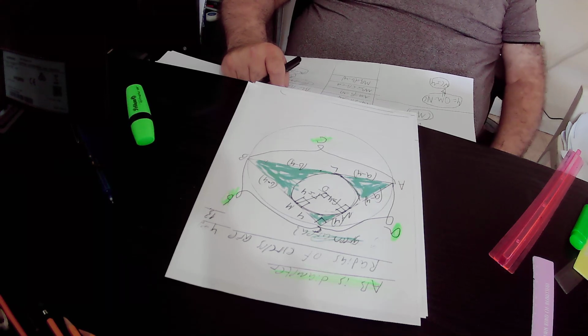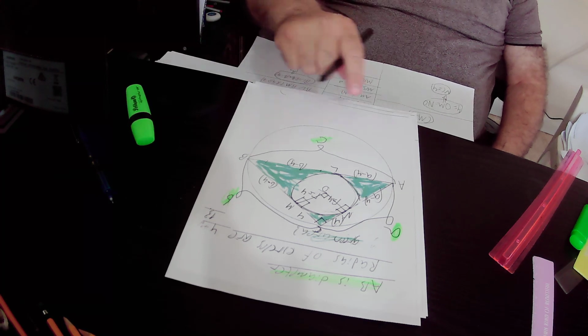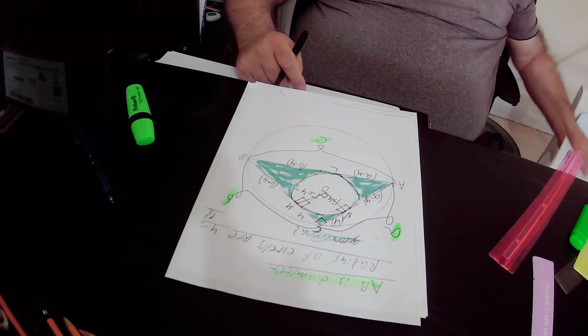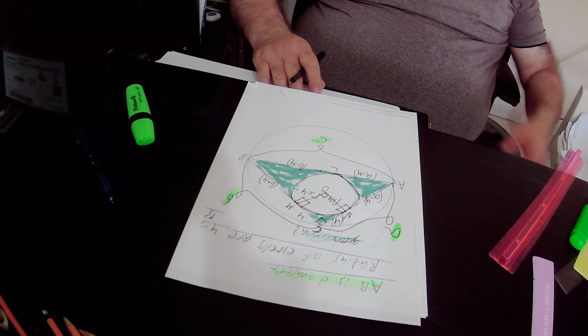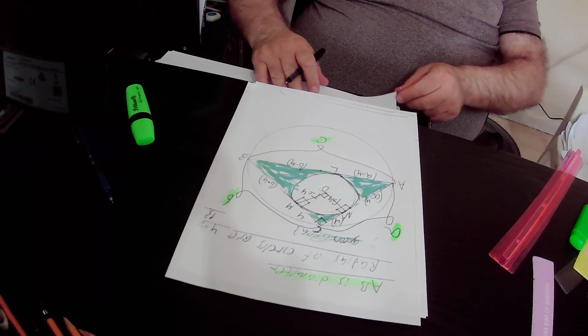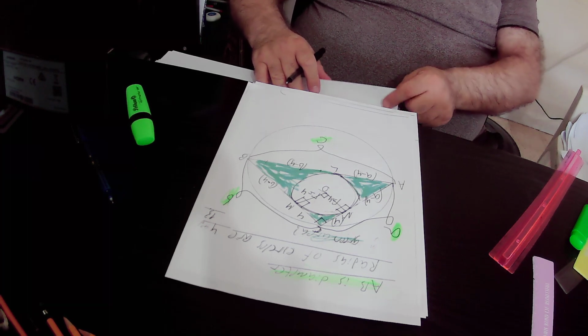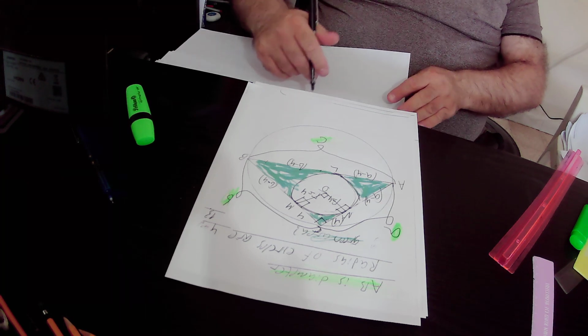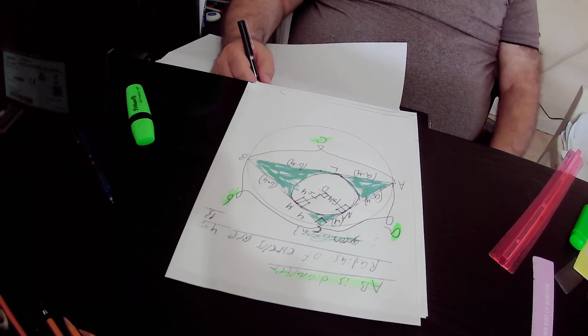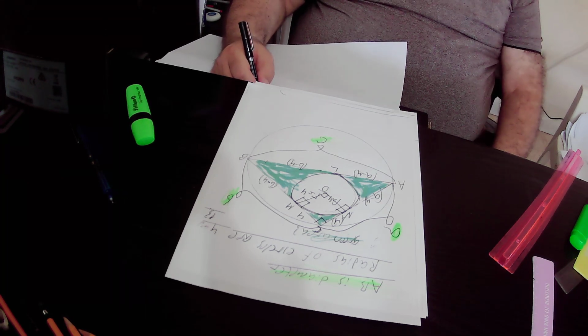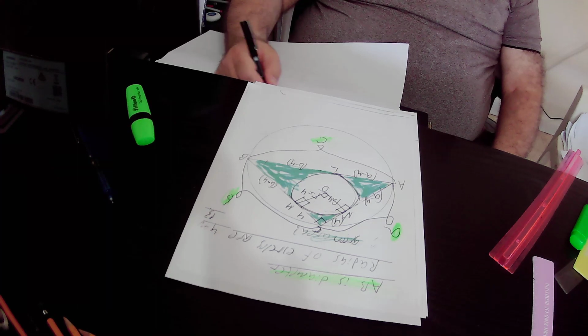And we know that AB is the diameter of the big circle. Any diameter of a circle is twice as long as the radius.